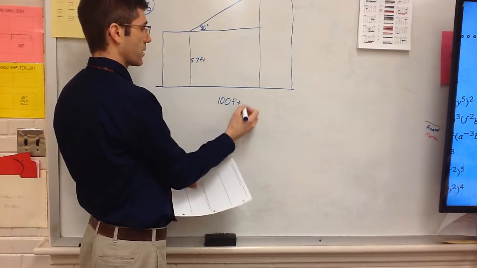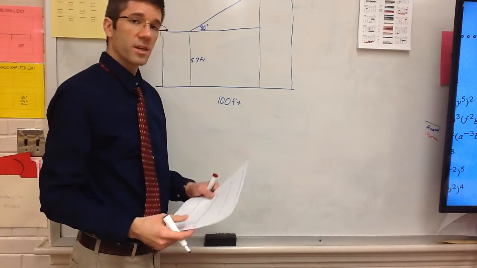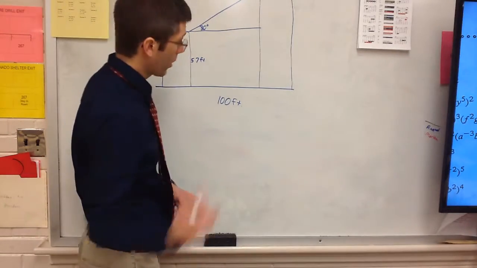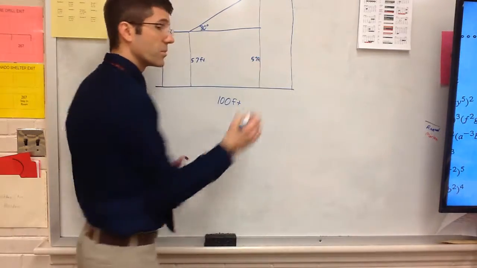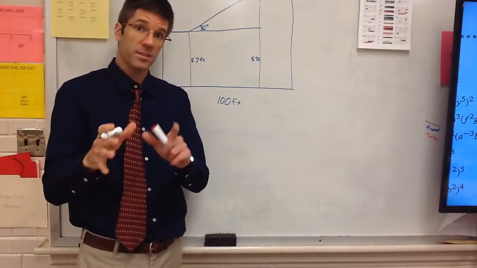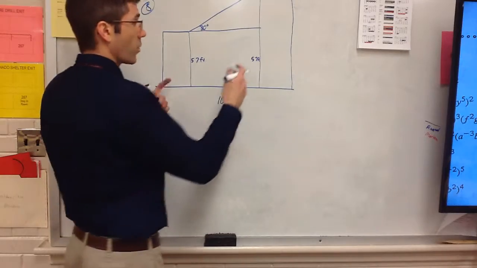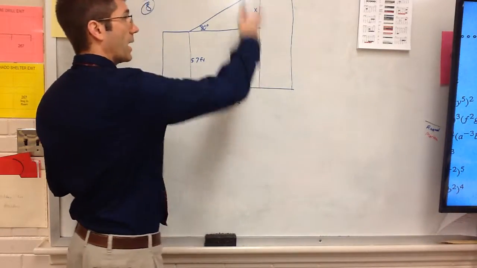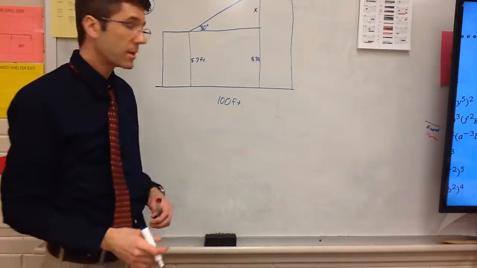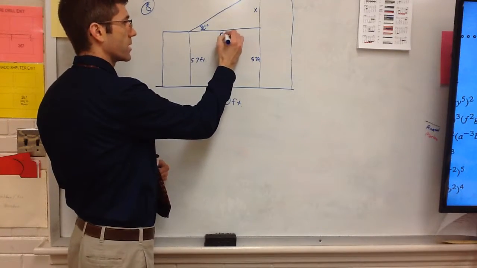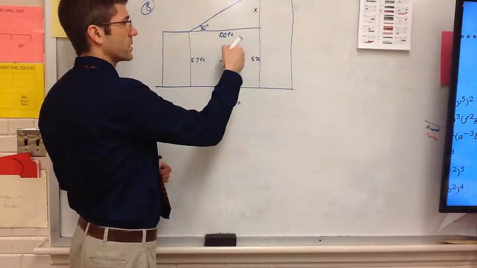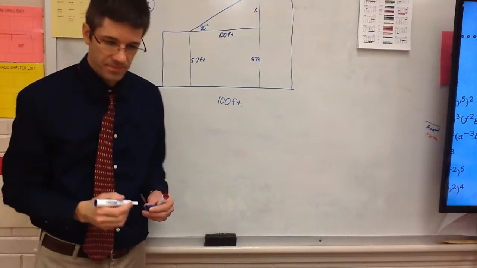How tall is the taller building? I don't know. But here's what I do know. I know that this measurement is 57 feet. It's very similar to the last problem that we did, number 6, the one I set up. So what I need to do is find that and then add 57 to it. I'm actually not going to set this one up. I'm going to stop there, other than the fact that I will say that's obviously 100, that's opposite, that's adjacent, that makes this tangent. Okay.